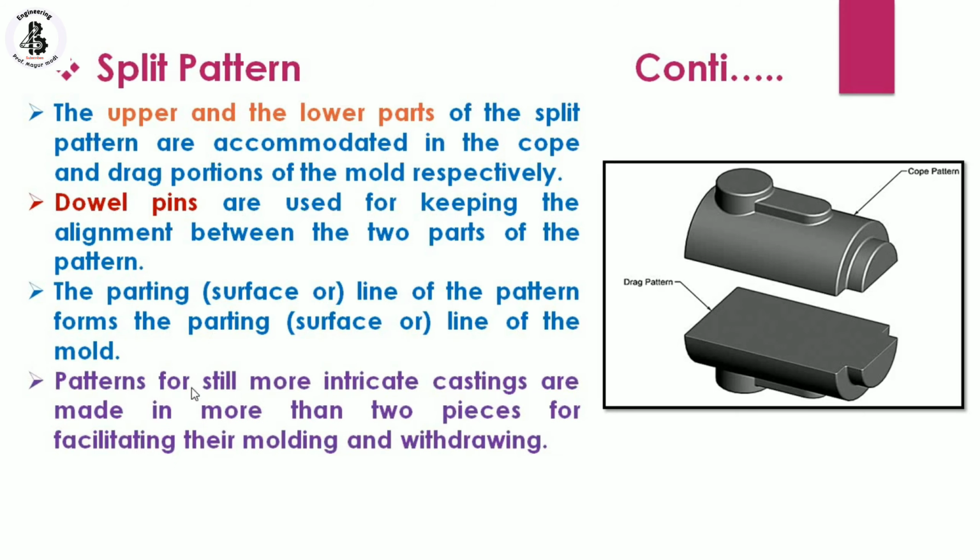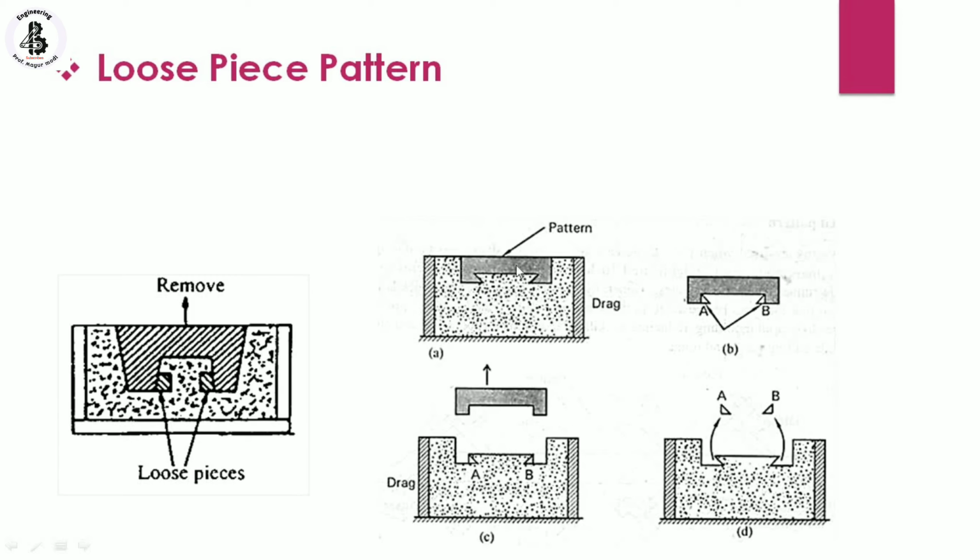So at that time, the pattern will be made into a simple form. So this figure C is the simple form of the pattern, and in B, this A and B portions, or you can say two loose pieces, are fixed with the pattern. So it will be converted into the desired shape and size.